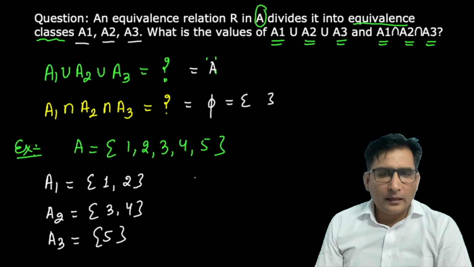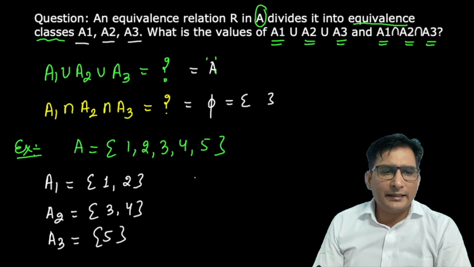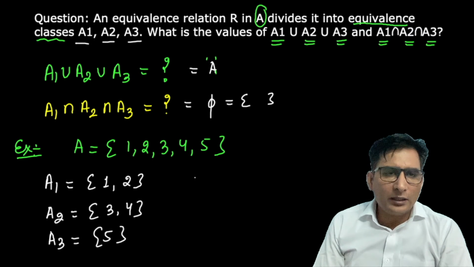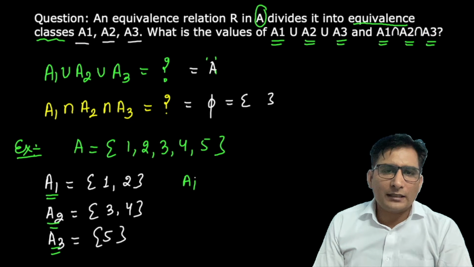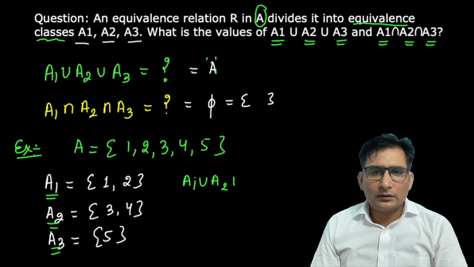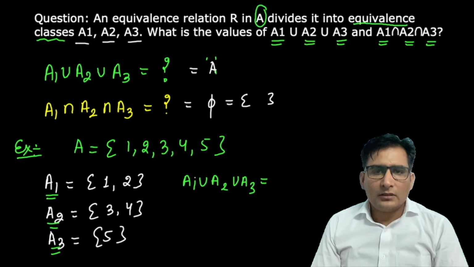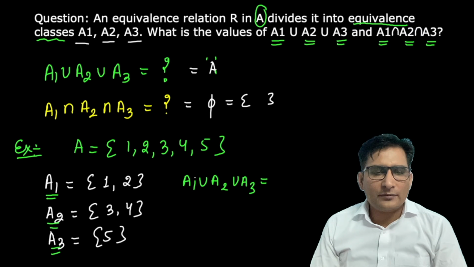Now in this case, if you find the union of all these three equivalence classes, A1 union A2 union A3, I hope you understand what union is.